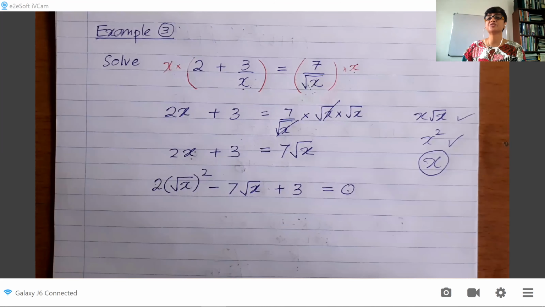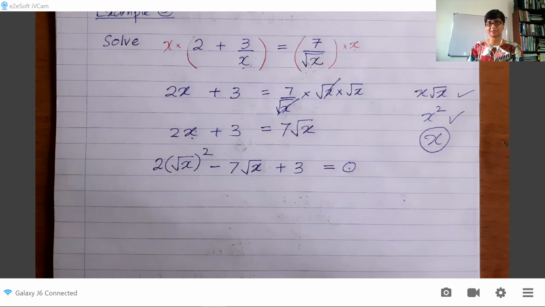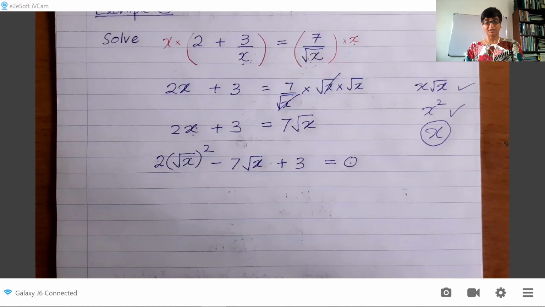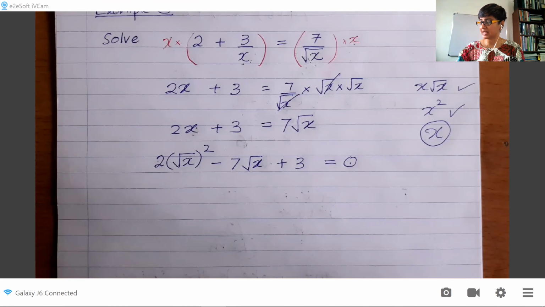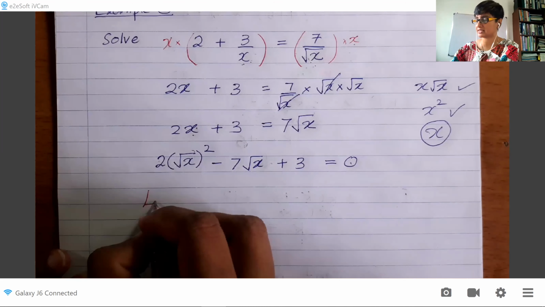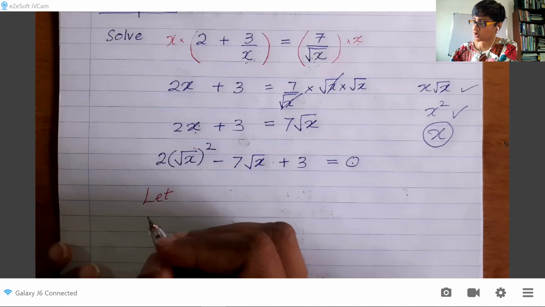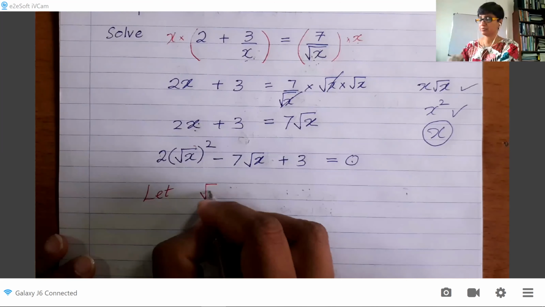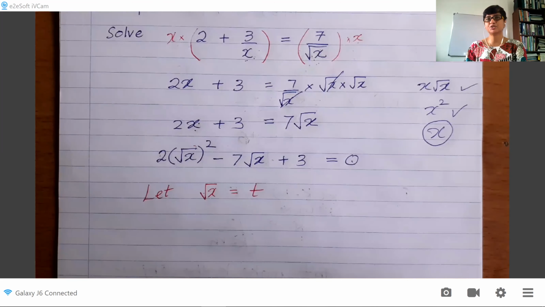Now you do a little relabeling. In these quadratic equations, guys, until you do that relabeling, it won't be quite visible to you that it is a quadratic. Here's my relabeling. You just relabel this. You call root x by something else. Let's call root x t or u, the usual letters that we use.